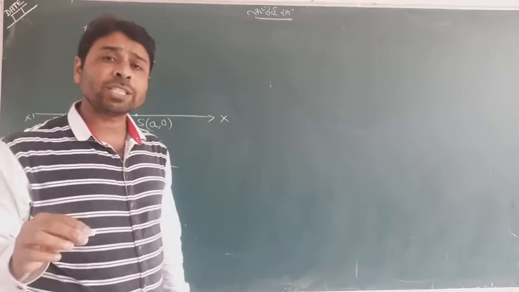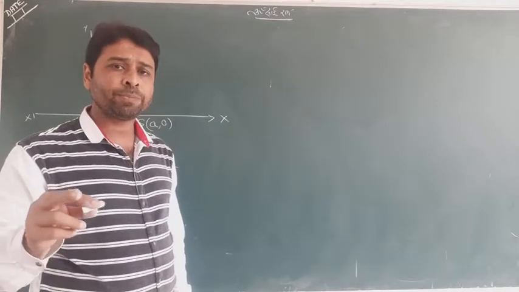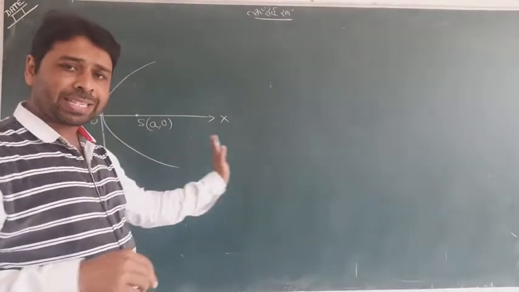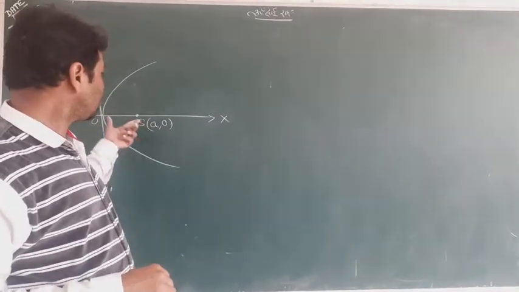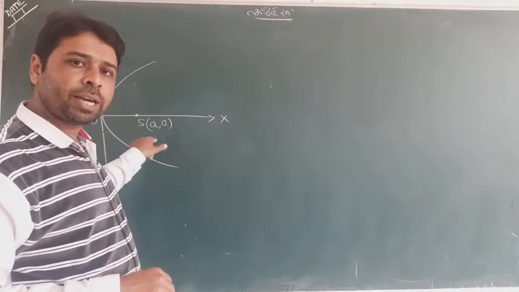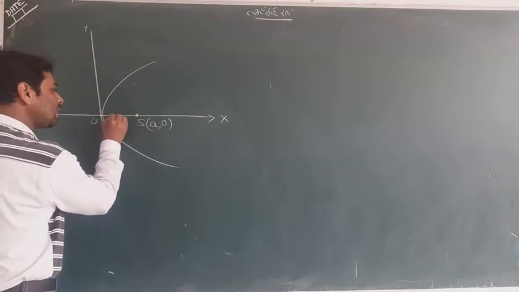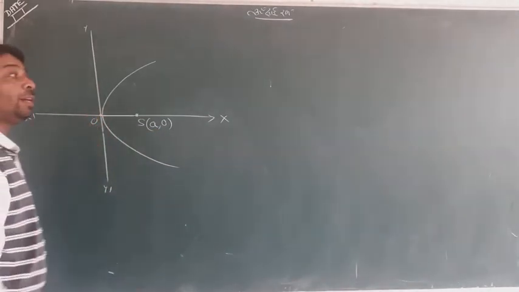This is a certain distance. Remember that in the case of the parabola on the right side of the y-axis with the origin as vertex, this focus always has the coordinates (a, 0). It means that this distance is A.